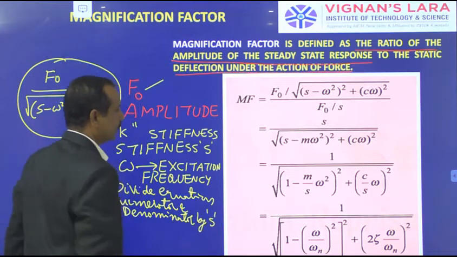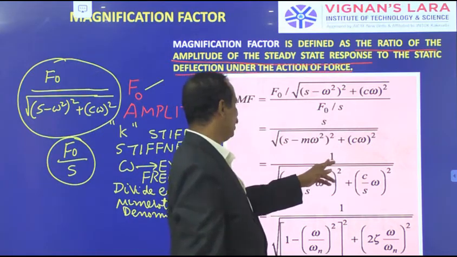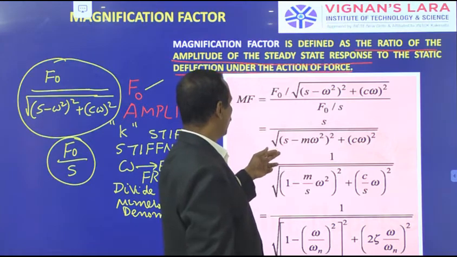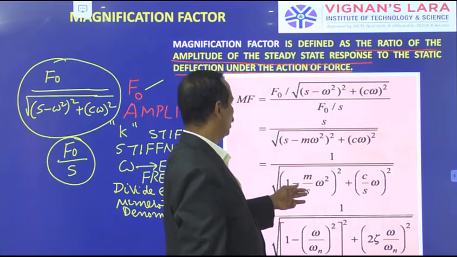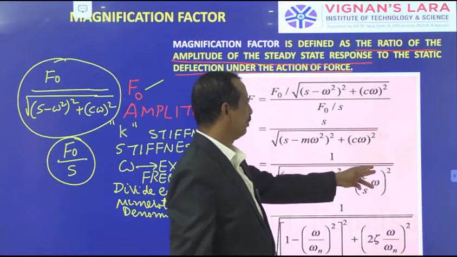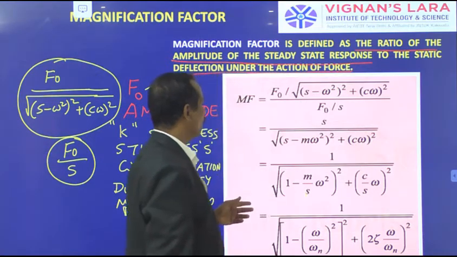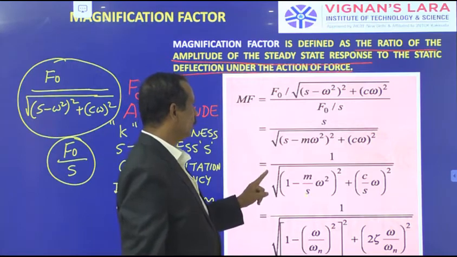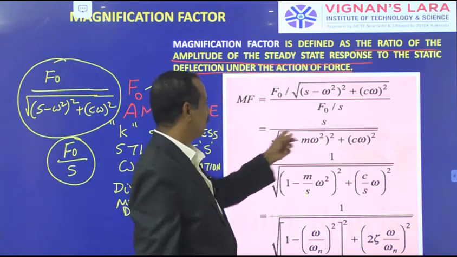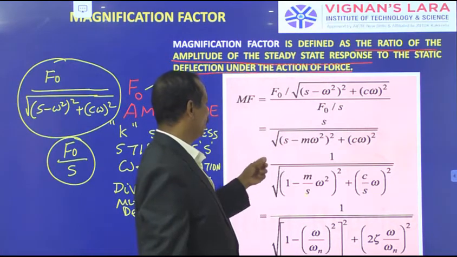Then s by s is 1. Here we have s by s minus m omega square by s, whole square, plus c by s omega square. Then s by s is 1, isn't it? So actually I am dividing both numerator and denominator by s.